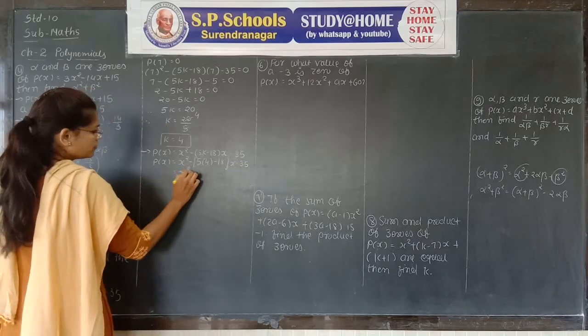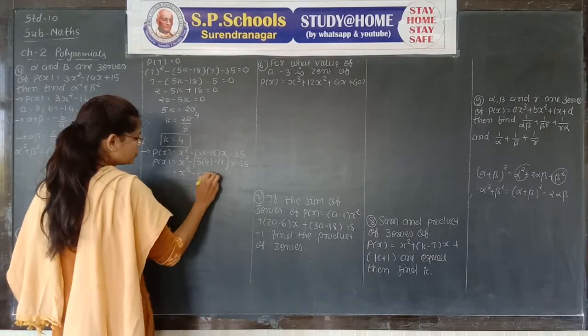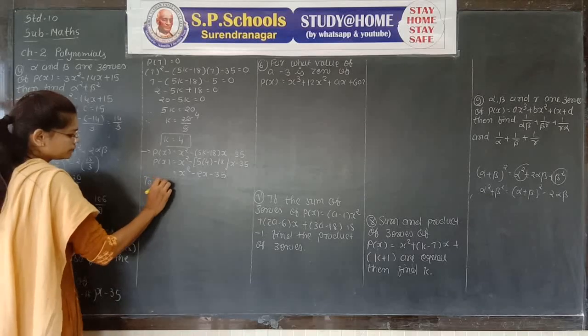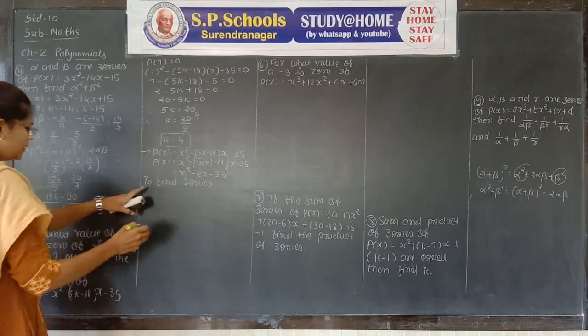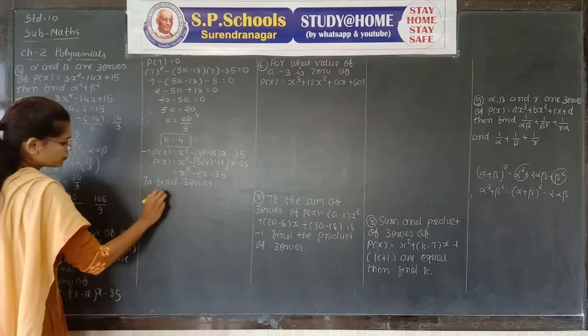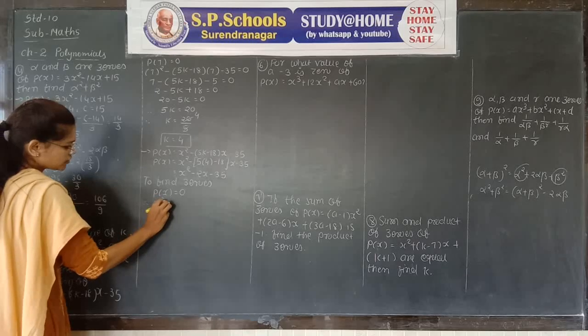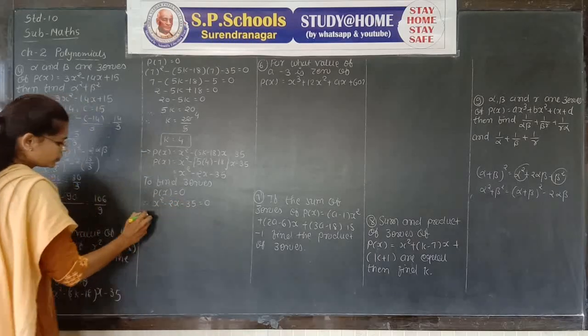X square minus 5 4s are 20 minus 18 means minus 2x minus 35. To find zeros, take P of x is equal to 0, where P of x is x square minus 2x minus 35 is equal to 0.